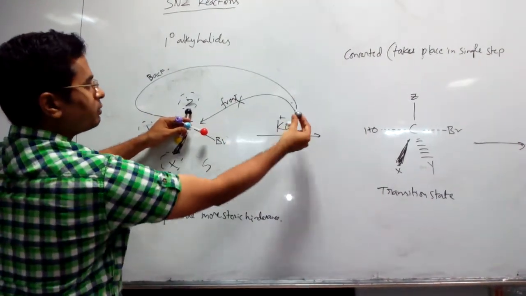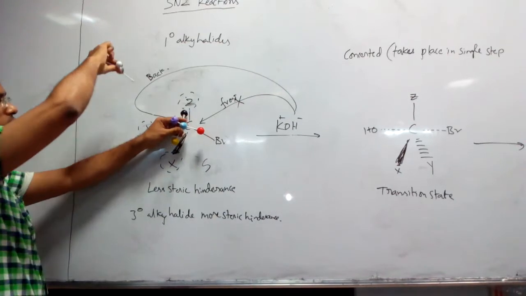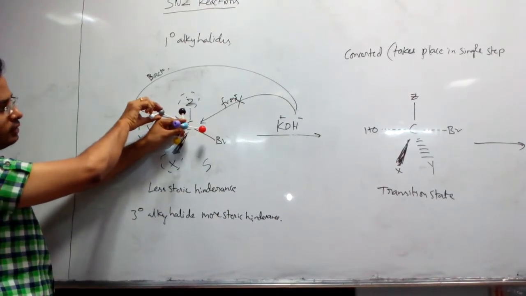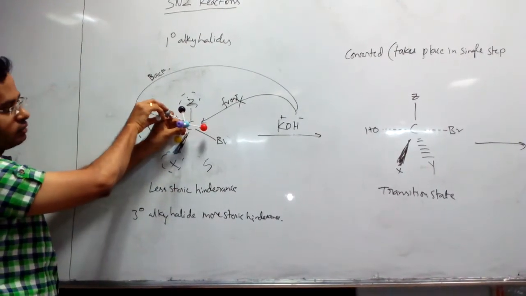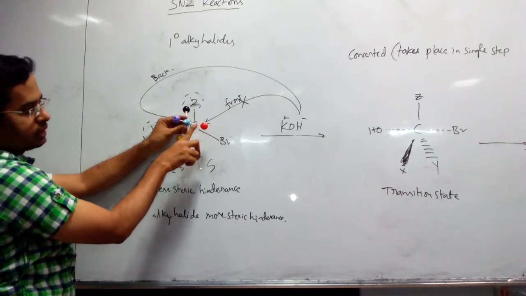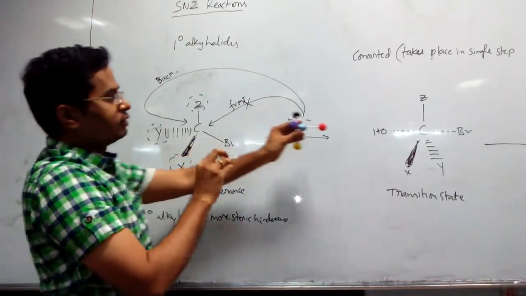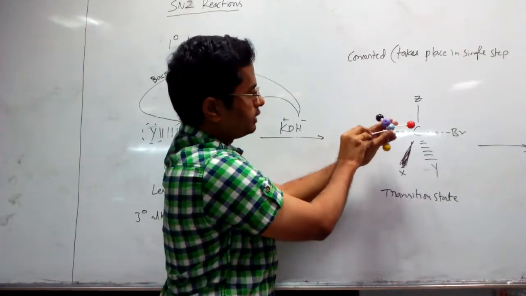This is OH minus. This OH minus now attacks from this back side. When it forms a new bond with this carbon, this bond gradually decomposes and we get one transition state.